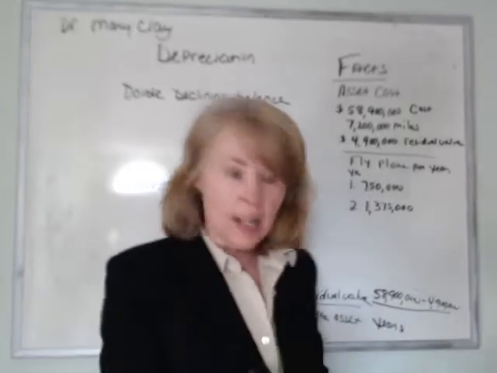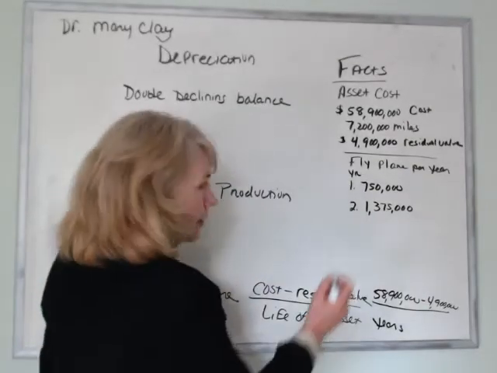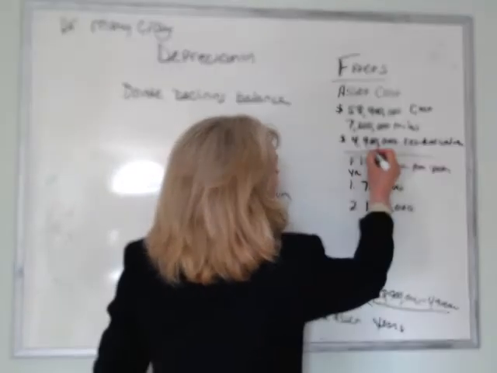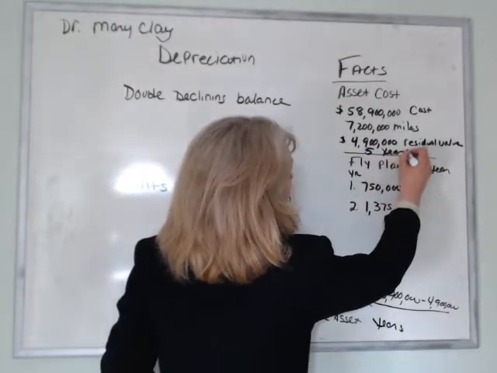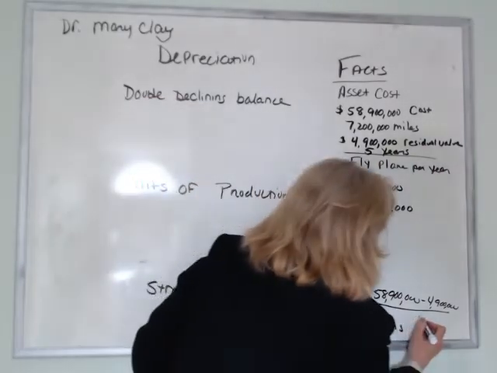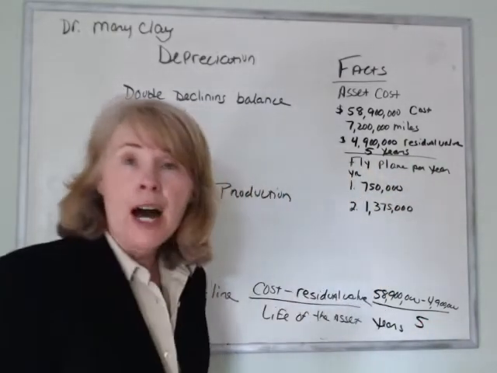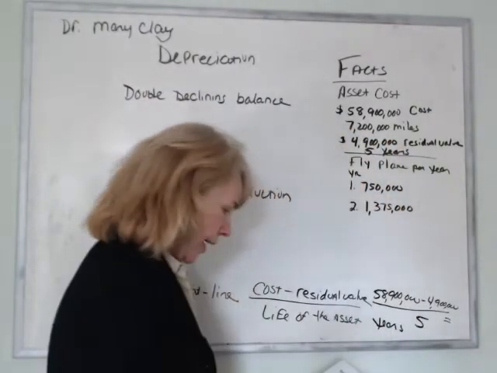Oh, I just realized I forgot to put in the number of years that they said that this asset is going to last. So I'm going to add that, 5 years. That's another factor that we need. So 5 years is saying this asset will last. So now I just input the number 5. We divide it out in your calculator, all right?